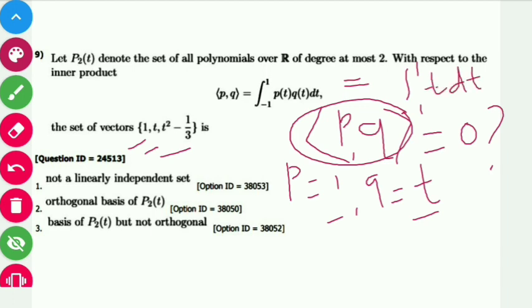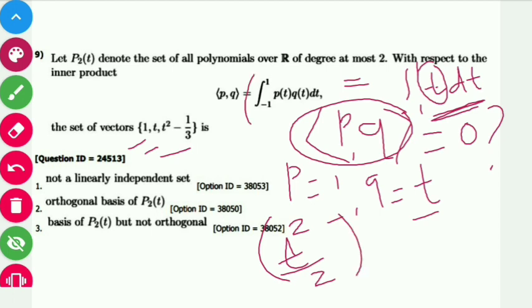Now there is an important result. Don't calculate all these integrals. Now this is an odd function. Its integral will be t square by 2. But look at these limits. The limits are of the form -1 to 1.